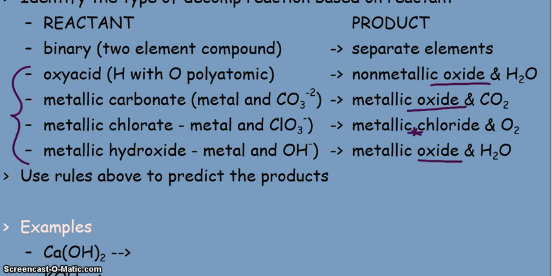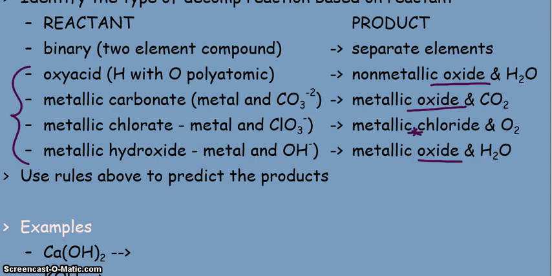When you're dealing with the chlorate, that's kind of the odd one out. That's going to produce a chloride compound. But then oxygen is what is left over. Also notice that 2 of the products involve water. So you're going to see a couple different times where water shows up.